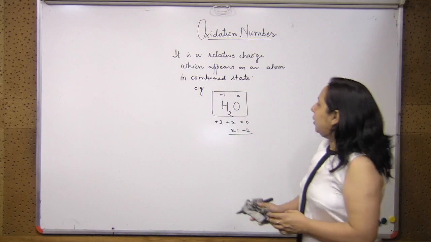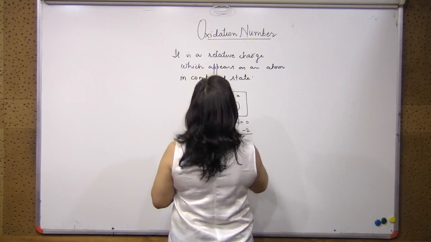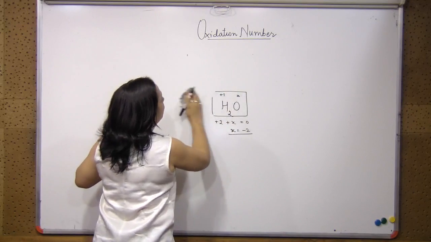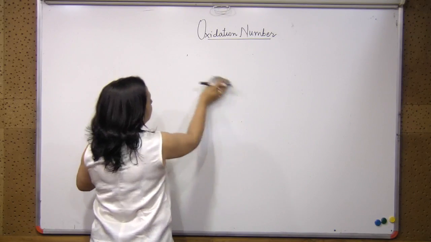Now this is oxidation number, and there are some rules, some points that are to be learned by heart for calculating oxidation number.